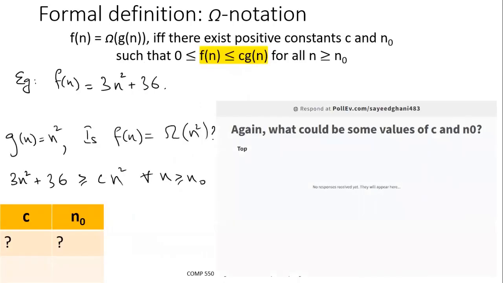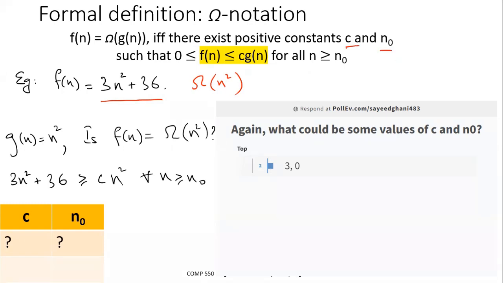Let's again use our same old example of f of n being 3n squared plus 36. Can you find c and n naught values which satisfy this equation? Again, we're going to guess that this is omega of n squared. We already have an inkling that this is going to be true. So can we find values c and n naught that satisfy this?